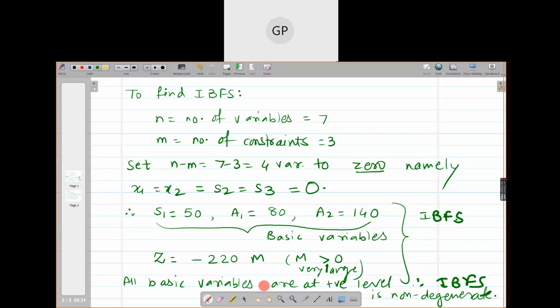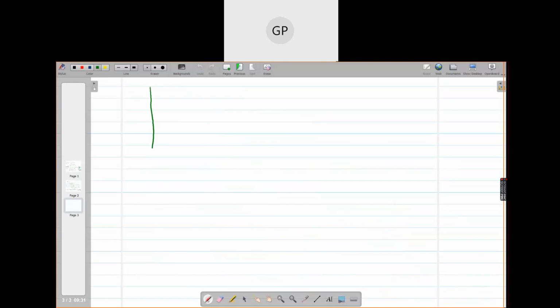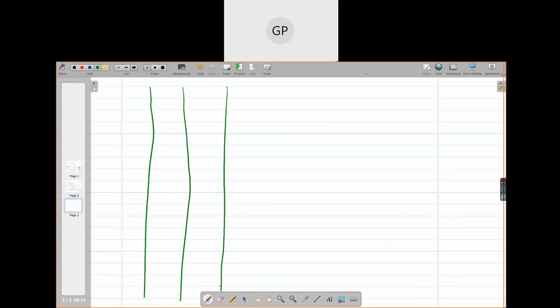Yes, ma'am. So let us construct the initial simplex table. We will require almost 3 tables here. So let us quickly do that. There are 7 variables.